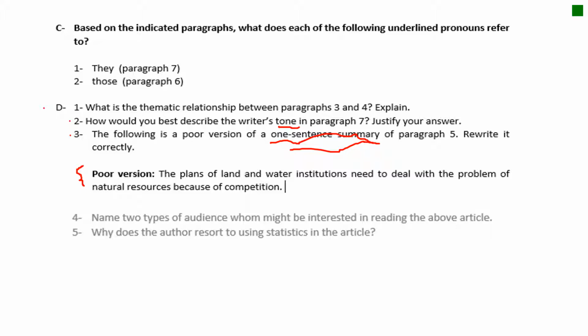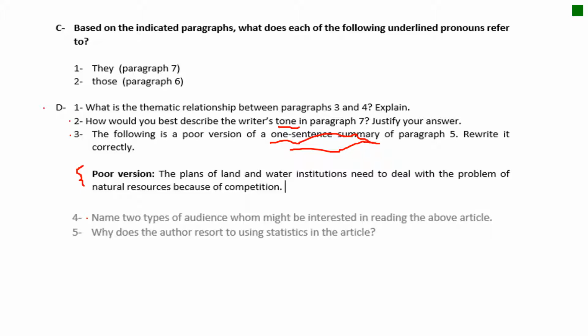Name 2 types of audience who might be interested in reading the above article. Types of audience, okay, this is a pollution. This is an article related to pollution and ecological environment, issues related to the environment. So who do you think might be interested here?